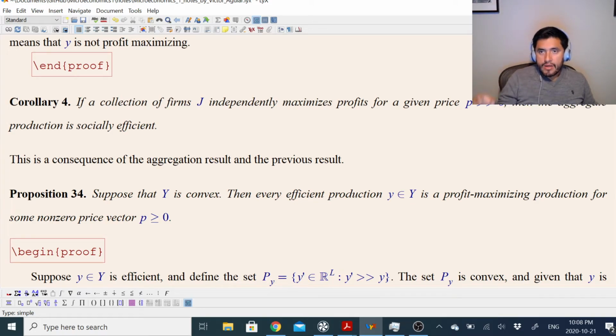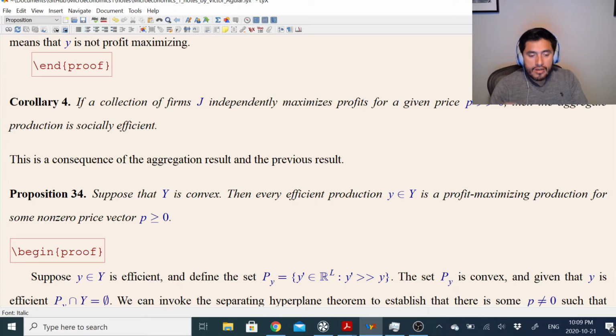This is exactly the same as if I let the firms maximize profit conditional on prices. And if they do it independently without the centralized system, they will still reach efficiency in the social sense. So there is no waste at the social level.